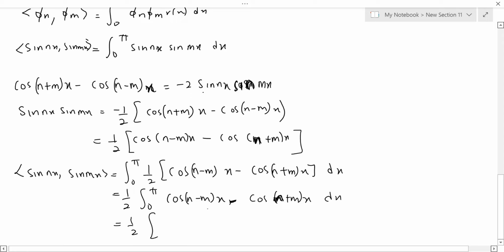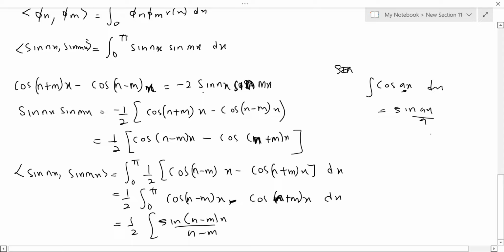So what is this integration? If you integrate cos, you get sine(n minus m)x over n minus m. The general formula is, if I have cos ax, integrating with respect to x, this will just be sine ax over a.